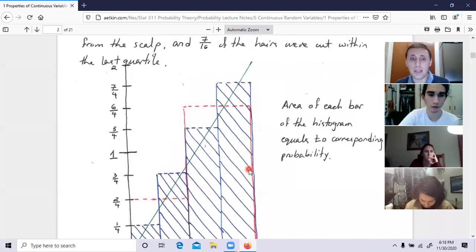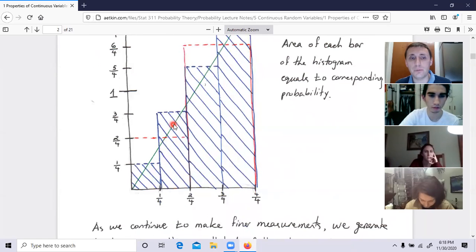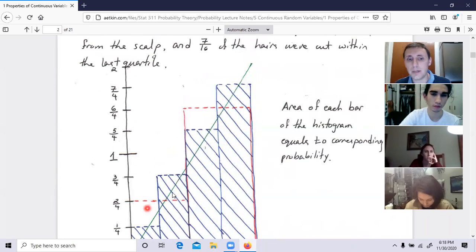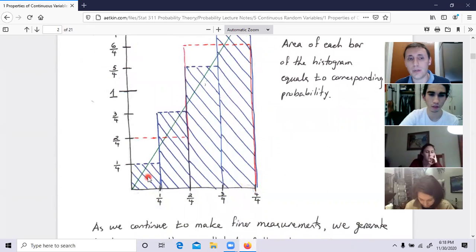Good. And look what happened here. I had red bars, and now I have blue bars. You see, it's a slightly different shape. Are you with me? Blue bars. And I structure the blue bars in such a way that you see this is 1/4. The width is 1/4 for each of them. The width times the height will give me the probability that a cut was made in this region. So you understand?